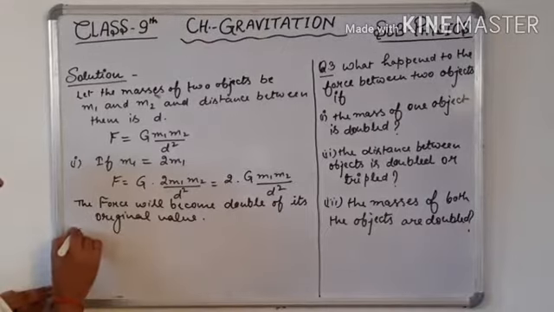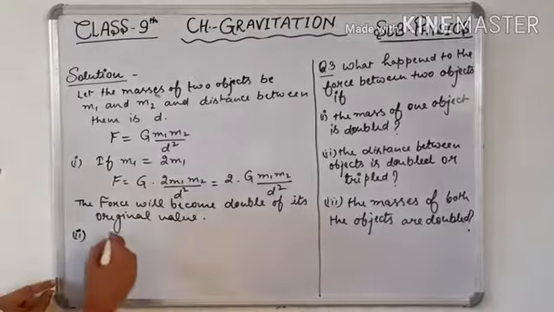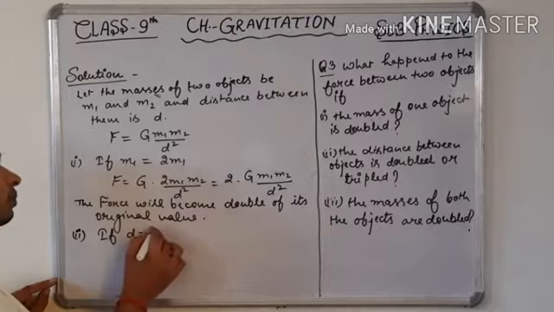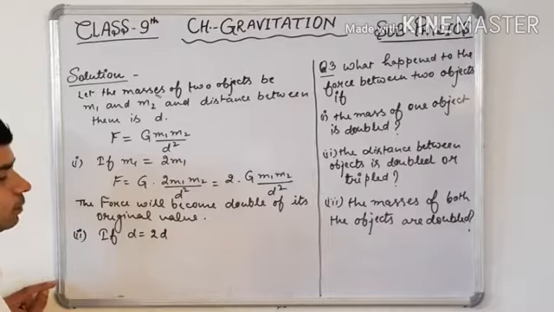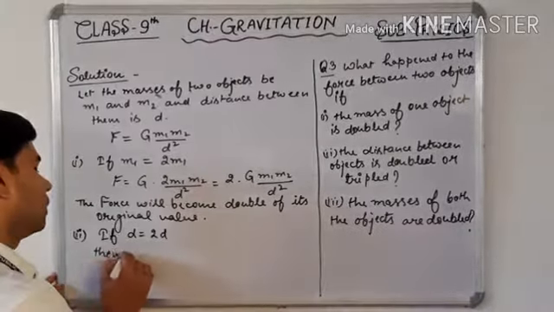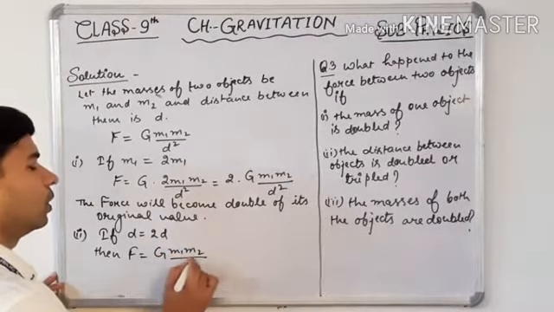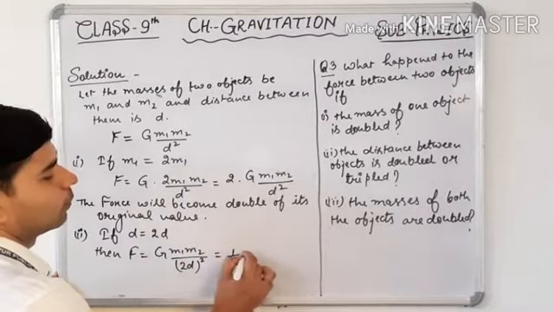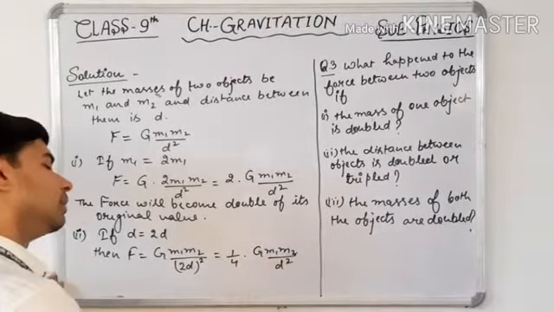Second case, the distance between objects is doubled or tripled. If d becomes 2d, then F equals G m1 m2 upon 2d whole square, equal to 1 upon 4 G m1 m2 upon d square.